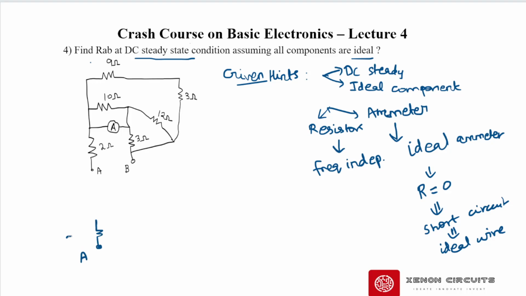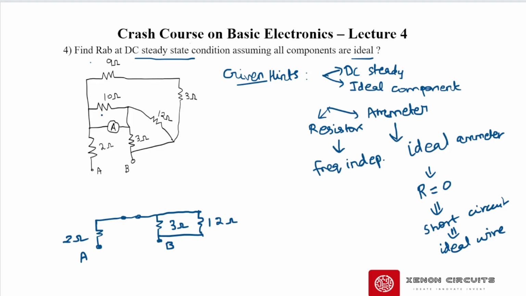So this is node A. We have a 2 ohm resistor connected to it, and then we have an ammeter. As it's an ideal ammeter, I am considering it as a short circuit. And then I have a 3 ohm resistor which is connecting to the node B. Across node B there is one more resistor, 12 ohm, and another resistor of 12 ohm that is also connected to node B, and then this is also connected to the ammeter.